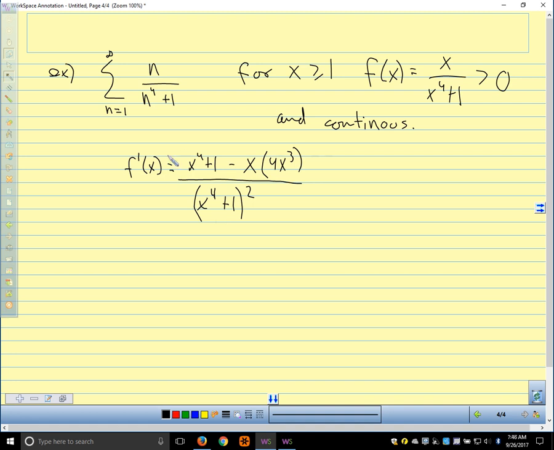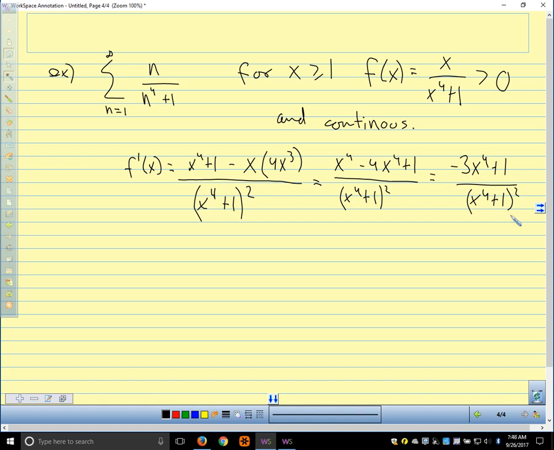So I'm going to multiply this out and simplify. So I get x to the fourth minus 4x to the fourth plus 1 over x to the fourth plus 1 squared. And now I get a minus 3x to the fourth plus 1 over x to the fourth plus 1 squared.